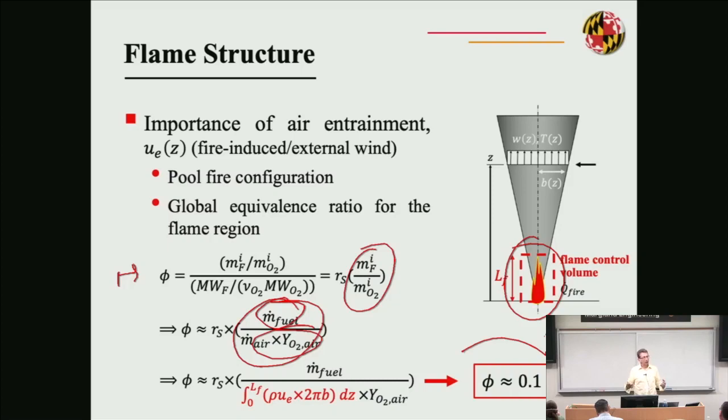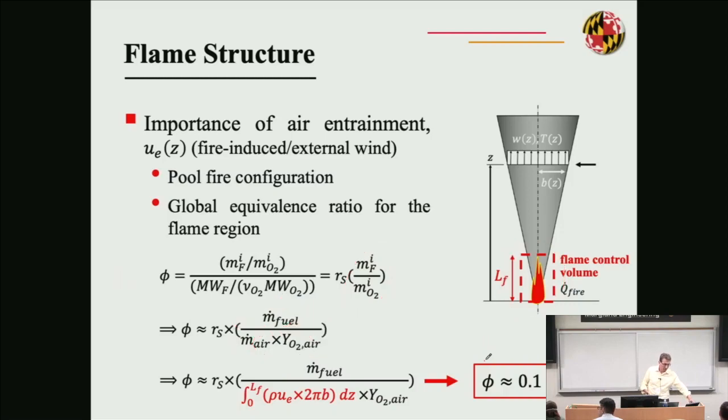And if you have no gravity, then this fire will actually self-suffocate because of no air entrainment. So the fact that this number is low means that this flame is pretty healthy because it's capable of entraining by natural convection the air, and in fact 10 times the amount of air that it needs to burn. So that's an important aspect, I think, of the dynamics and structure of these flames.